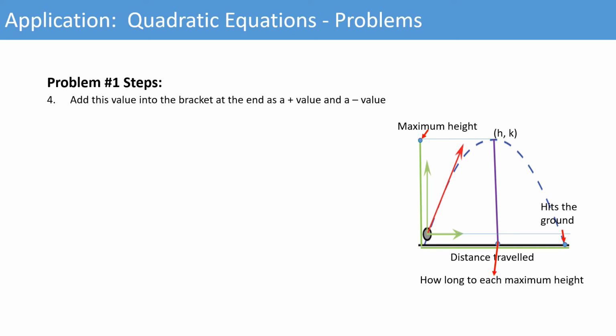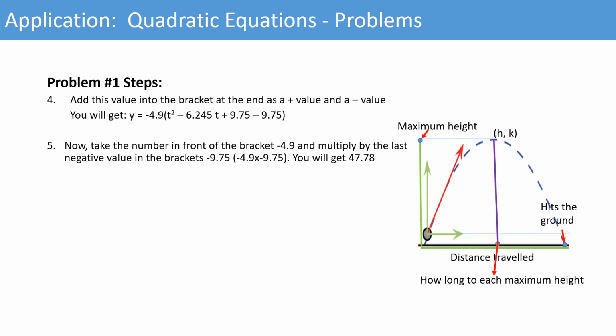Continuing on, we've just reviewed step 4 again, so we have it available. For step 5, take the number in front of the bracket, negative 4.9, and multiply this by the last negative value in the brackets, which is negative 9.75.